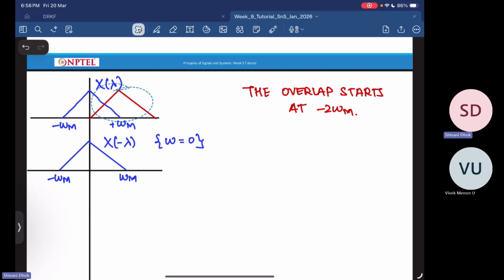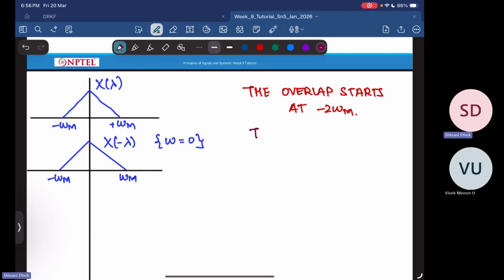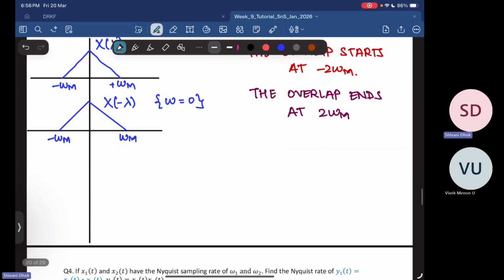Still there is a significant overlap, but when you change your omega to 2 omega m, your overlap ends like this. So what do we see? The overlap ends at 2 omega m.